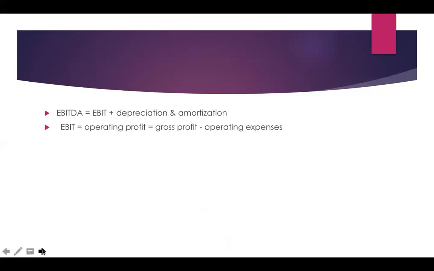We know that EBITDA is equal to EBIT plus depreciation and amortization. EBIT is equal to the operating profit, which equals the gross profit minus operating expenses.